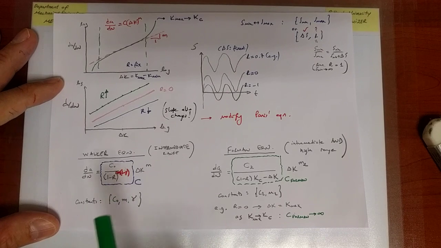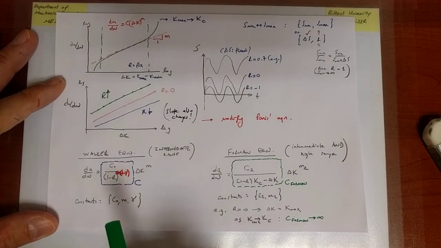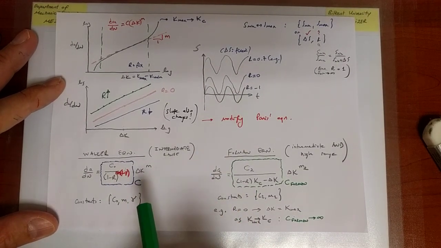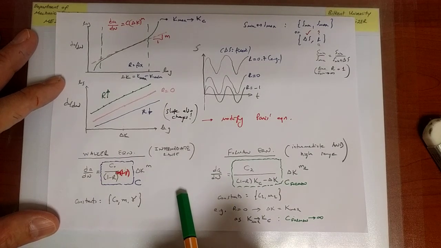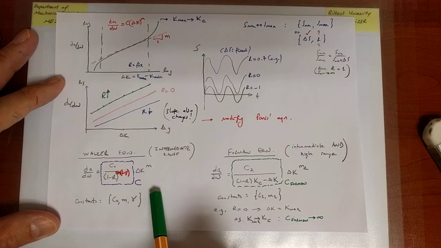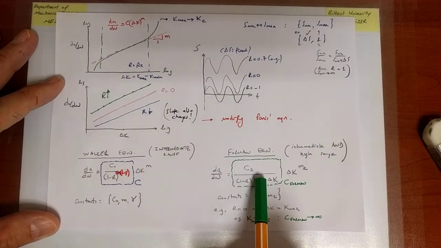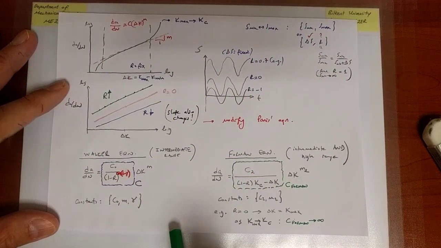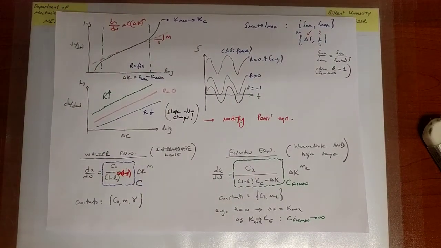Now, if, however, your crack growth is not all the way to fracture, it's from some value to a rather reasonable intermediate range value, then you can use either that one or that one. So then you are safe with both. You can use whatever is available.